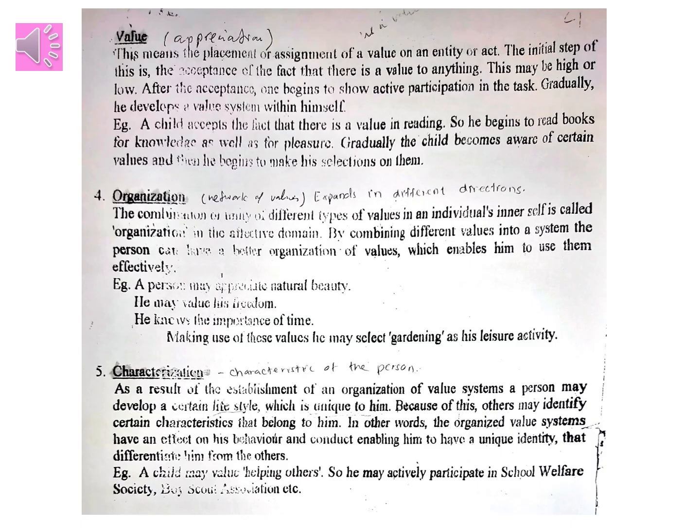Right. Next one, organization. By the way, what are we doing now? According to Krathwohl, to develop good attitudes within students, one has to follow 5 steps. First one should get interested in the task, that is reception.